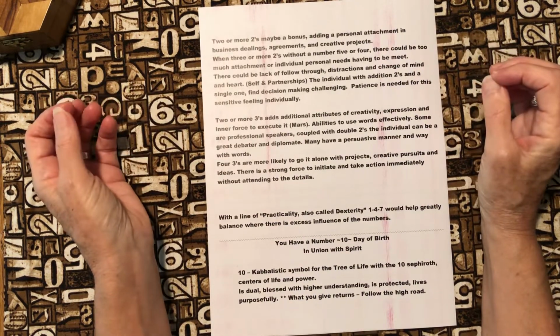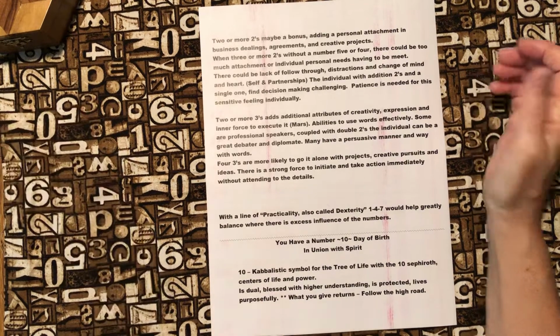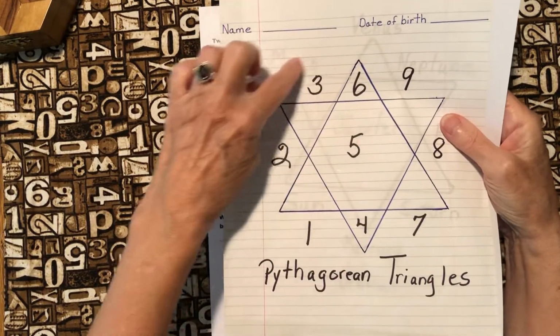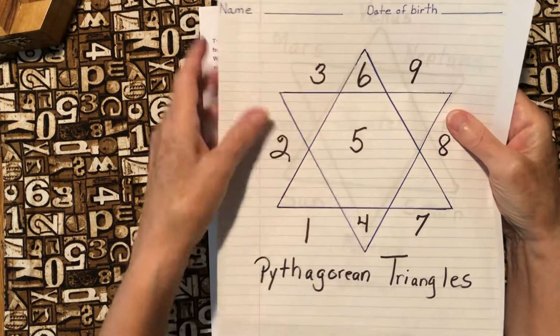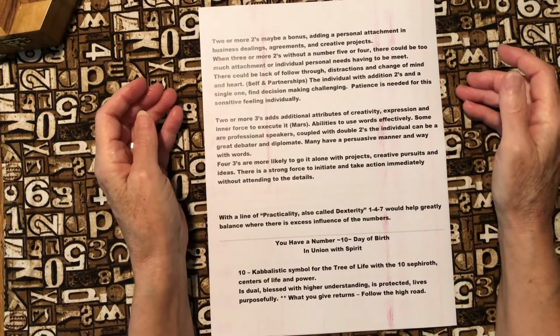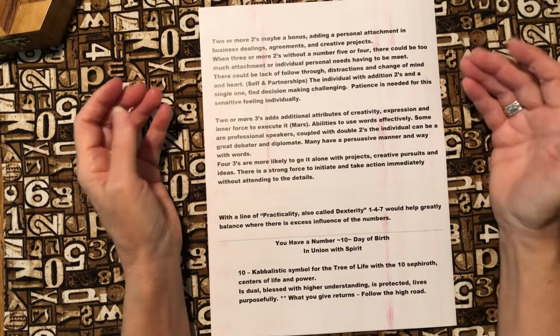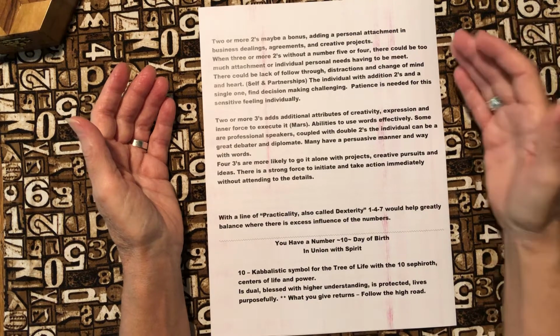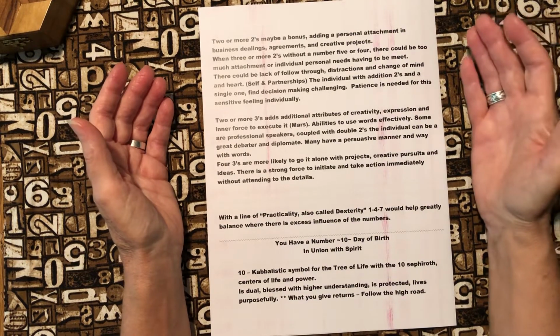Now, if there are 2 or more 3s, now we're getting up here into the creative realm, the mind realm. So 2 or more 3s add additional attributes of creativity, expression, and inner force to execute it.